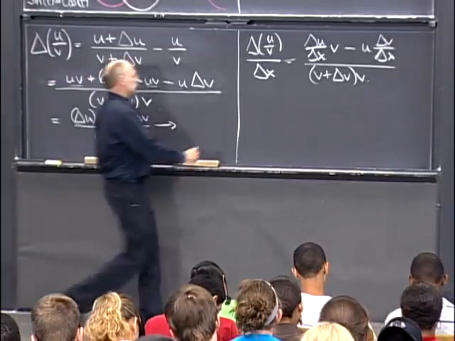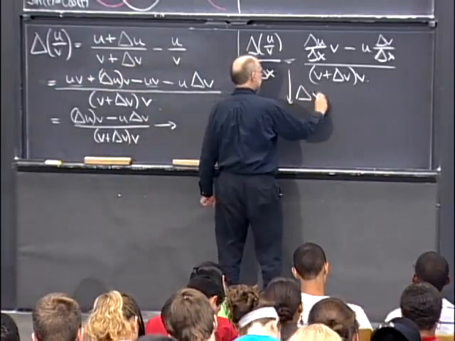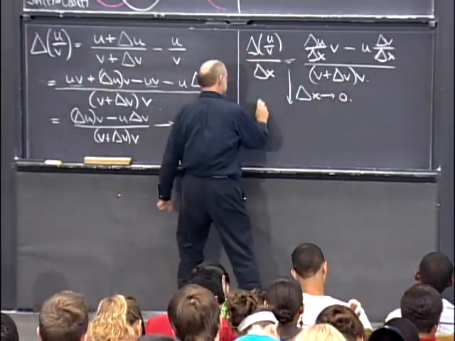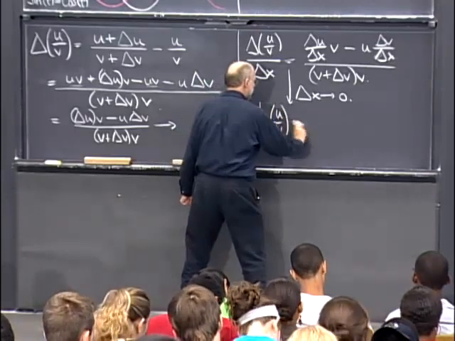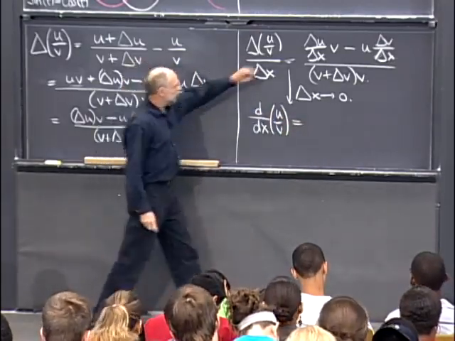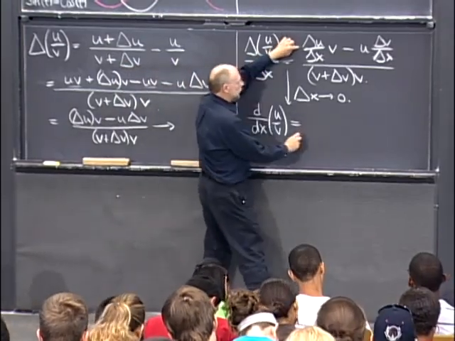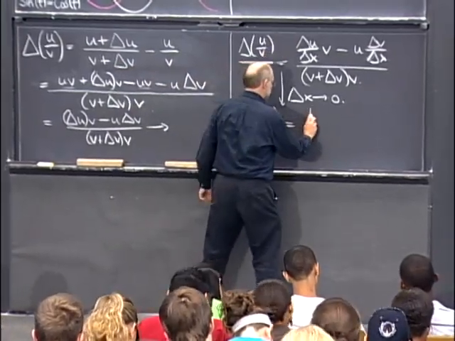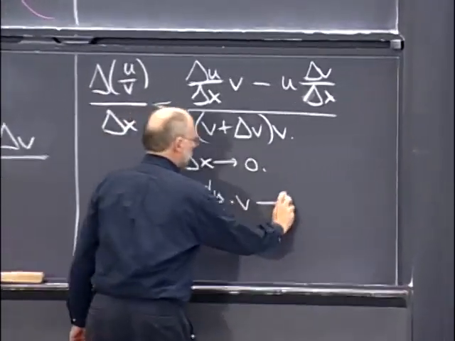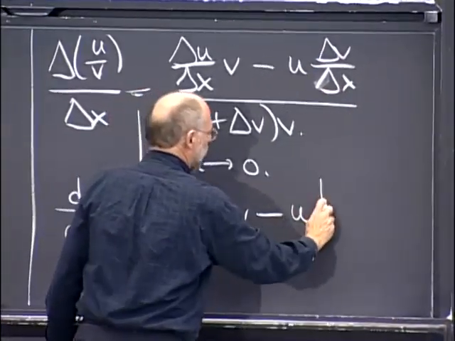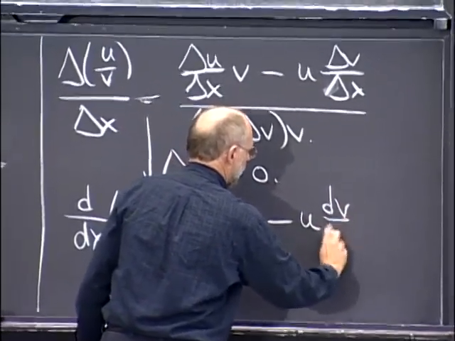Next up, take the limit as delta x goes to 0. I get, by definition, the derivative of U over V. And on the right-hand side, this is the derivative dU/dx times V, and then U times the derivative dV/dx.